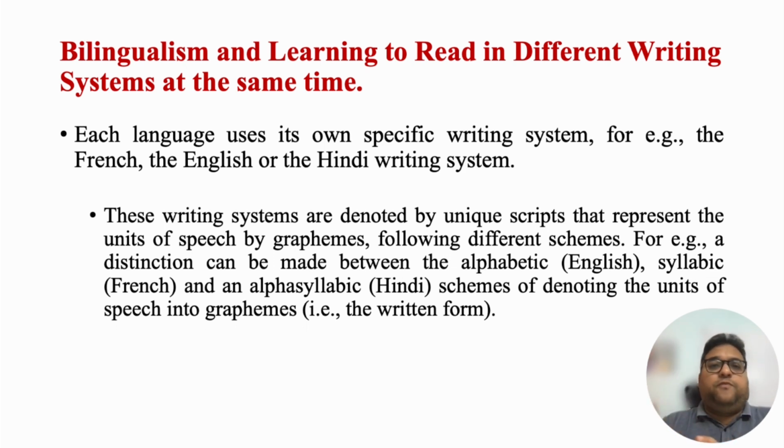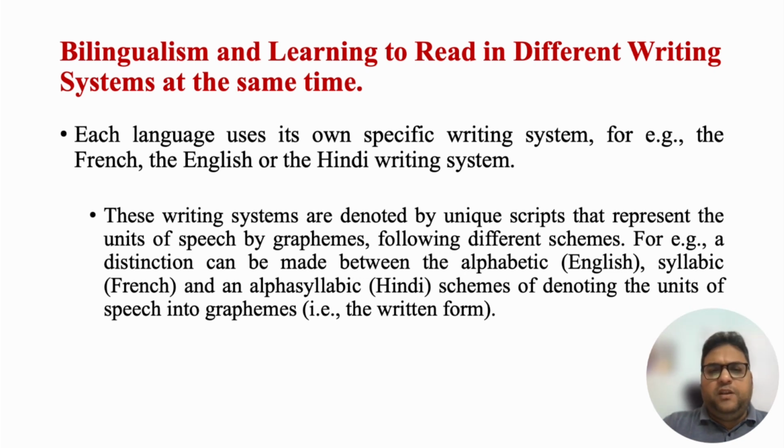Again, there is a lot of debate about the exact characteristics of Hindi, and of the Devanagari script used to write Hindi, and whether it should be called an alpha-syllabary or an abugida. But that's beyond the scope of this lecture, and I'm leaving those questions out for a different day.